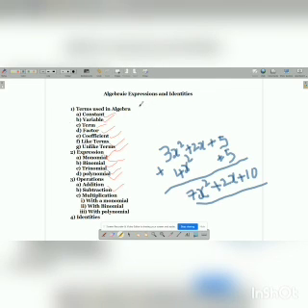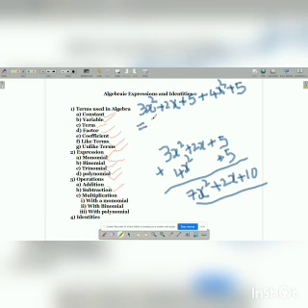So you'll write like this, 3x square plus 2x plus 5 plus, I need to add the second expression, 4x square plus 5. So first write all like terms at one place. Here the first like term is the x square term.